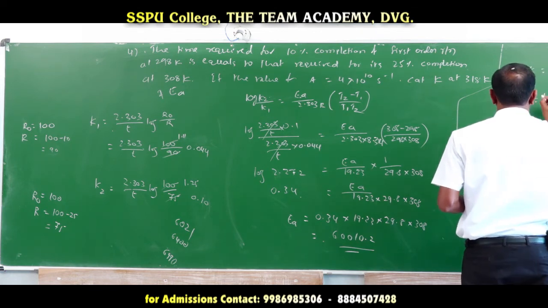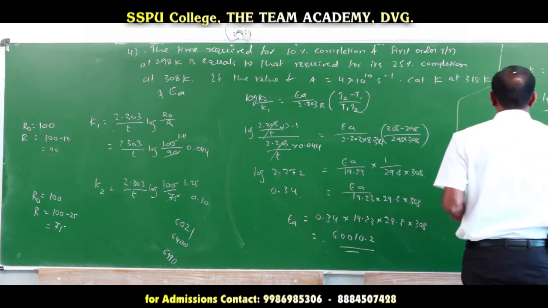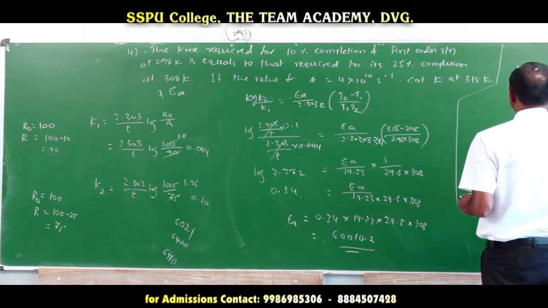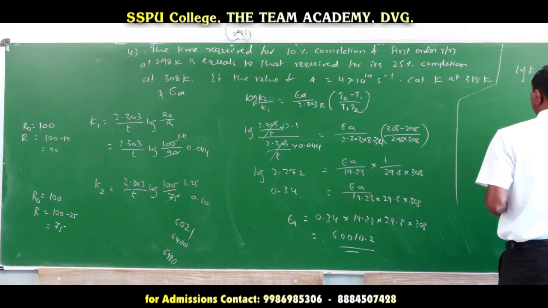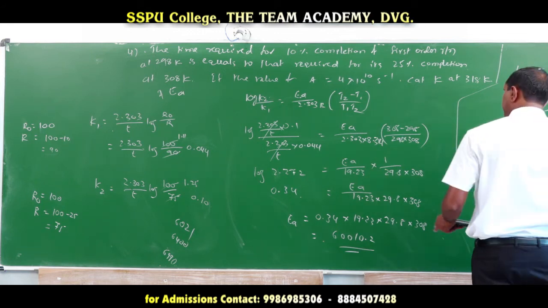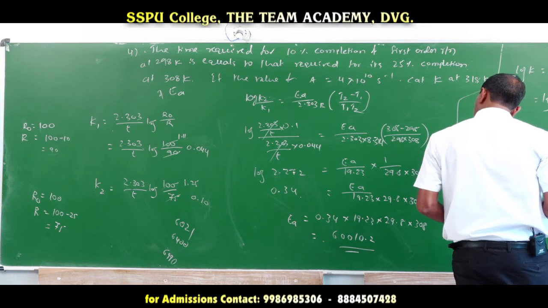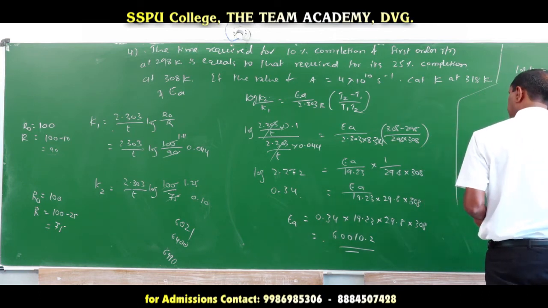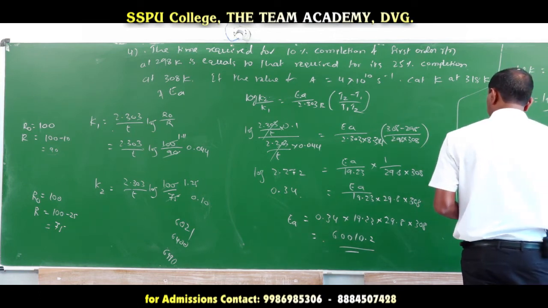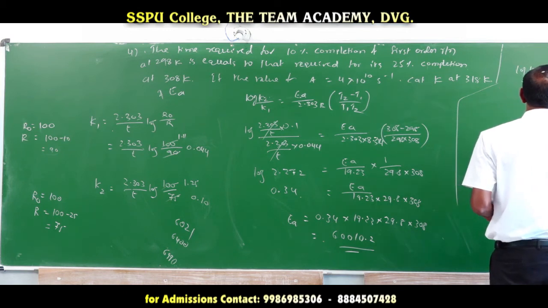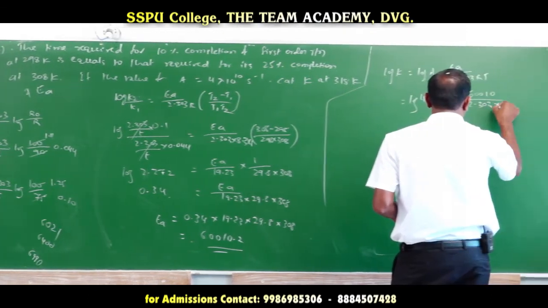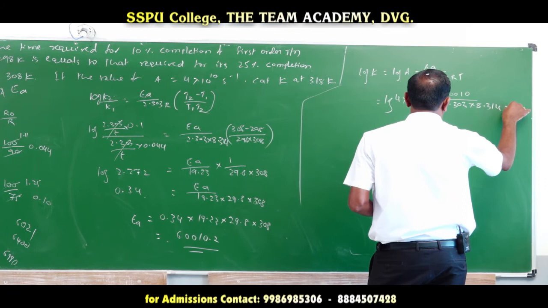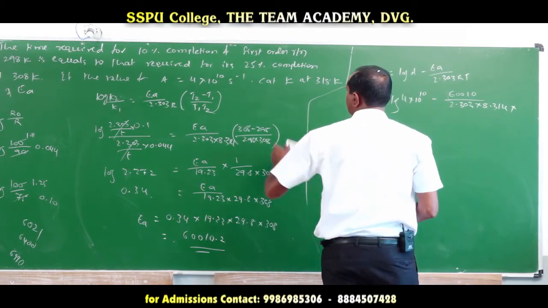Log A value is 4 into 10 to the power of 4, and A we may write as nearly 6 into 10 to the power of 4, divided by 2.303 into R, 8.314, into T, which becomes 380.